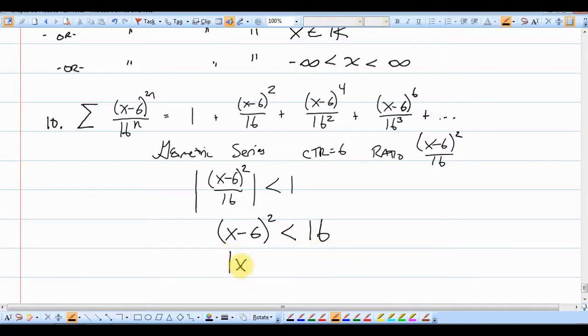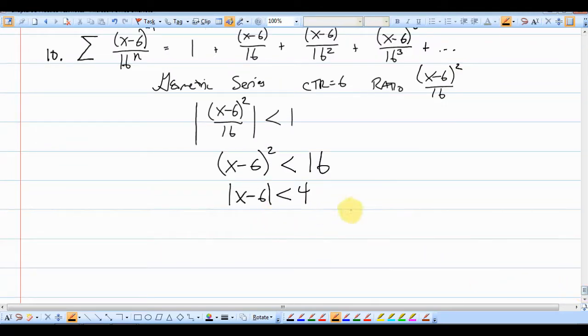The absolute value of x minus 6 needs to be less than 4. So the center is 6. Radius is 4. 6 minus 4 is 2. 6 plus 4 is 10. And then you're done.